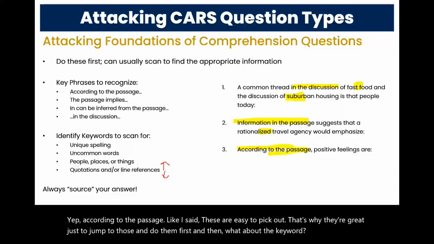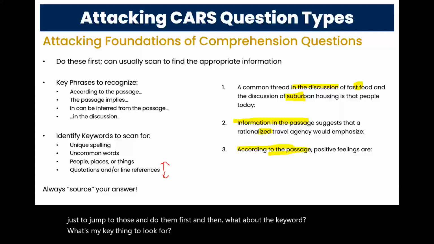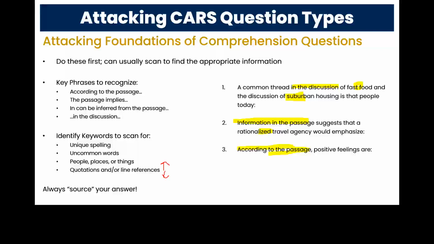What's my key thing to look for? Sativ. I like the sativ. I looked for I've fee, but sativ works too. There's probably not a lot of sativs in the text.